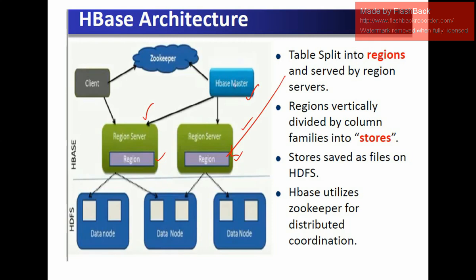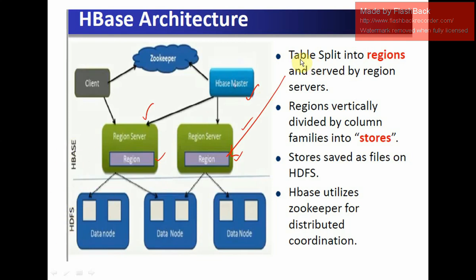As you see, we have a few major components in this HBase architecture, like ZooKeeper, some client, HBase master, region servers, regions, and then our data nodes, where the data nodes store all the data on top of HDFS, but the storage structure is given by HBase.